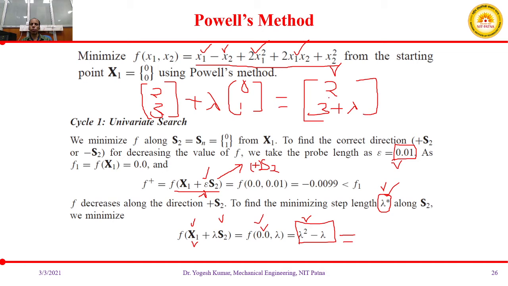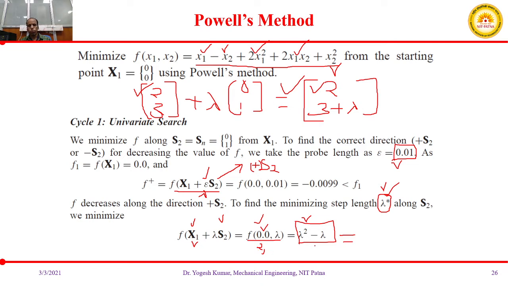So this will be (2, 3 plus lambda). It does not matter; for simplicity I have put it this way so that you can calculate easily and understand this algorithm.